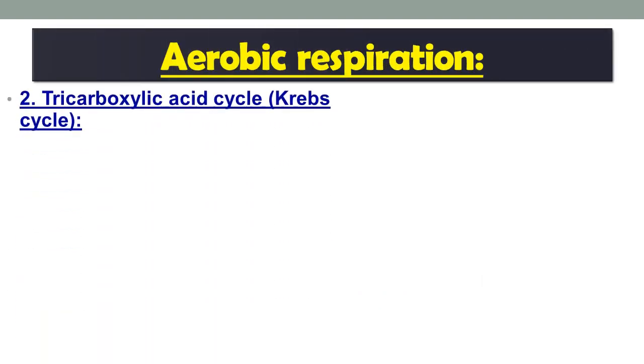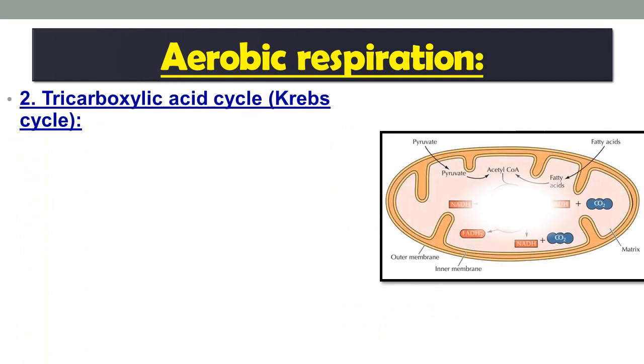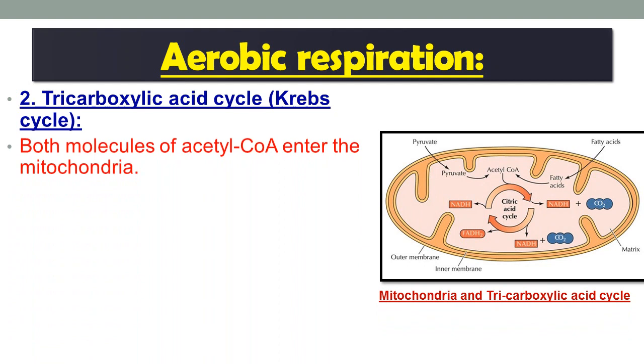Next is the tricarboxylic acid cycle, or Krebs cycle. Both molecules of acetyl coenzyme A produced in the first step will enter the mitochondria from the cytoplasm of the cell.